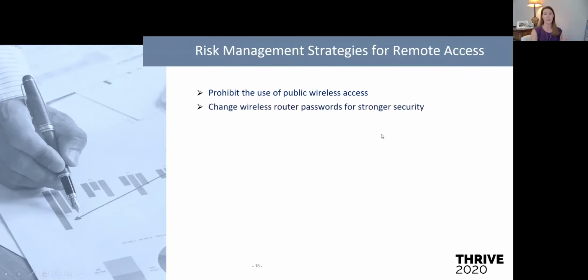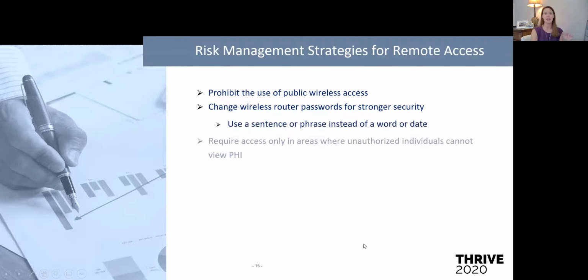In addition to that, if they are working from home, they really need to look at their wireless router password. Most of those are standard out of the box, and they can be figured out by people that shouldn't need them. So I recommend that you have them change their wireless router password to something that's stronger, again, another layer of protection.